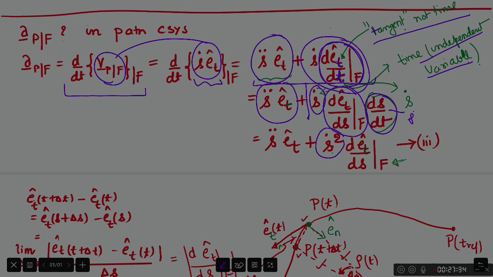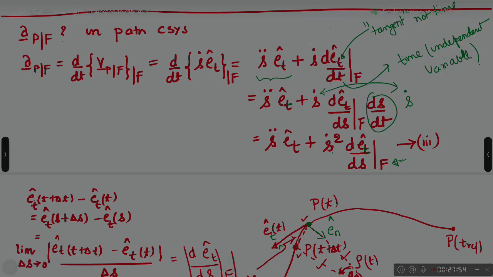So what I am left to focus on is the derivative of the tangent unit vector with respect to s as seen by our observer fixed to f. Let's process this term now.